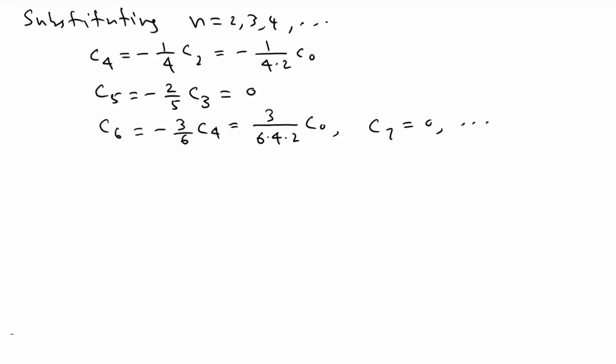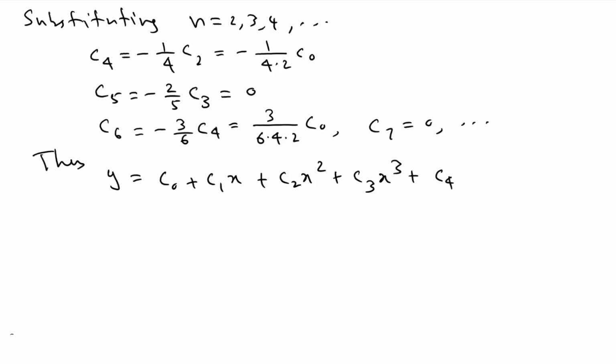Now we can substitute them in the formula. Thus y equals c0, plus c1x, plus c2x squared, plus c3x cubed, plus c4x to the 4th, plus c5x to the 5th, like that.